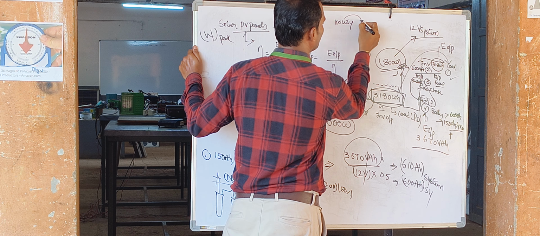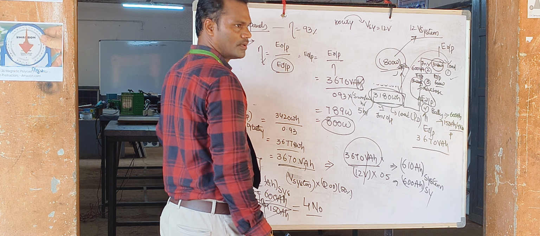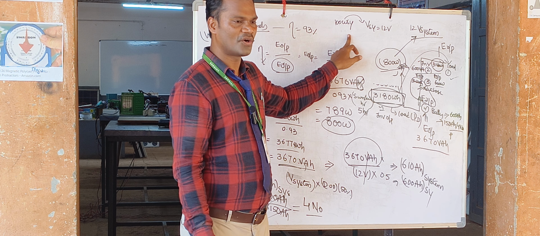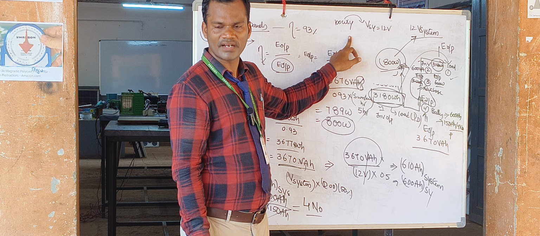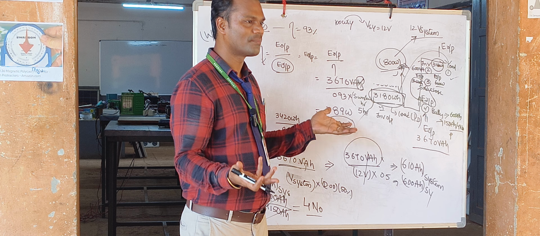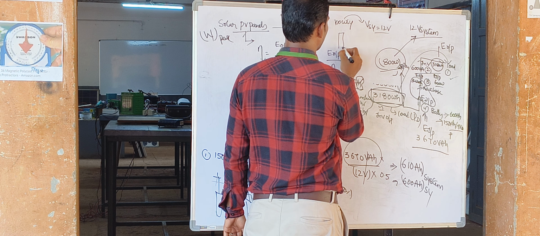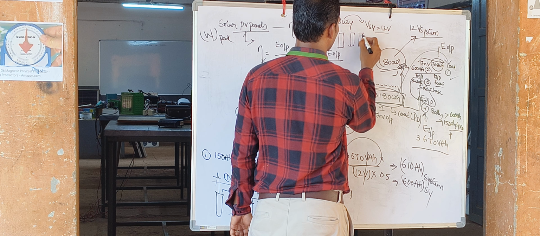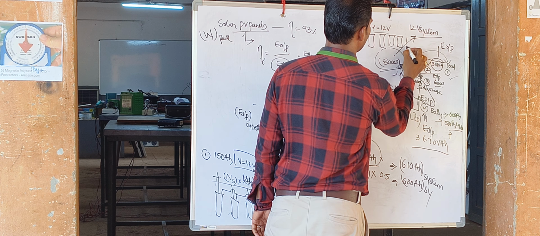A 100 watt solar panel means the system voltage is 12 volts. Then how do I have to connect them, series or parallel? I have to connect them in parallel, because the system voltage is 12 volts. So solar panel 1, solar panel 2, solar panel 3, 4, 5, 6, 7, 8.